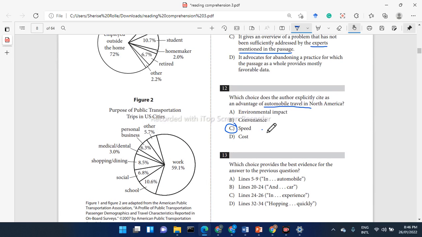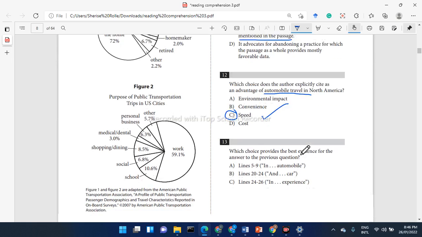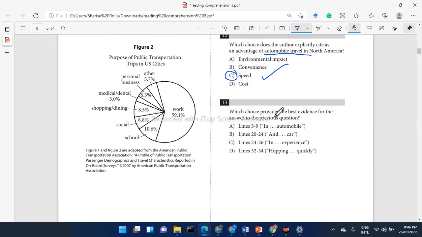Which choice provides the best evidence for the answer to the question? D, lines 32 to 34. I was right.